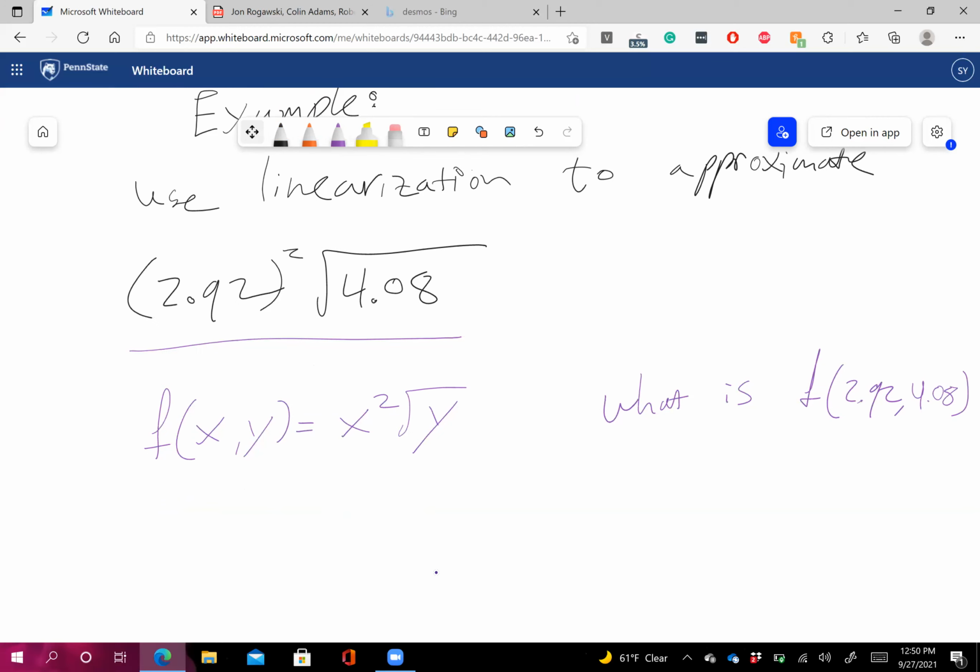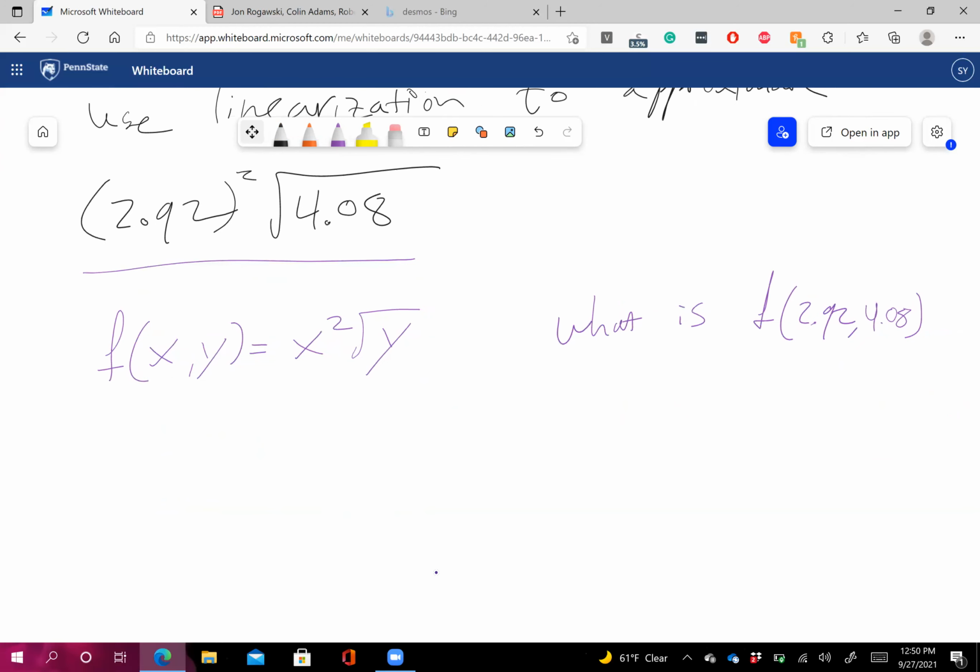So in order to solve this question, we just need to linearize our f of x, y. So where should we linearize it? Well, we should linearize it at the points closest to these points, which seem natural and easy to deal with.